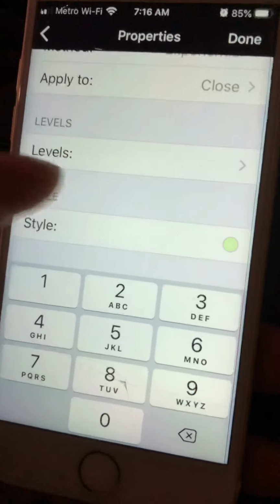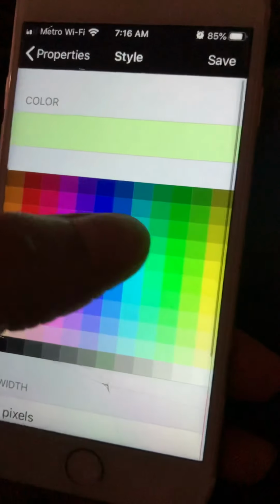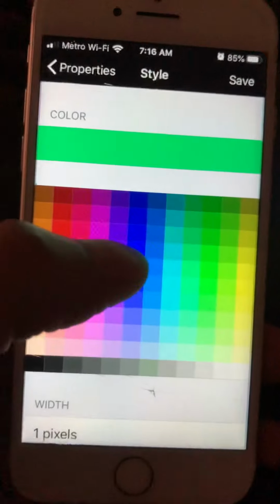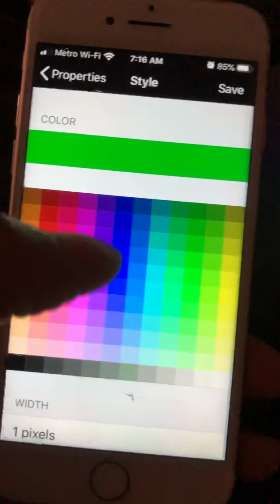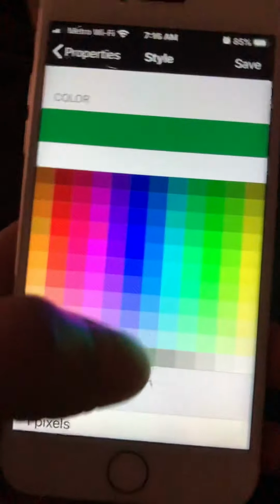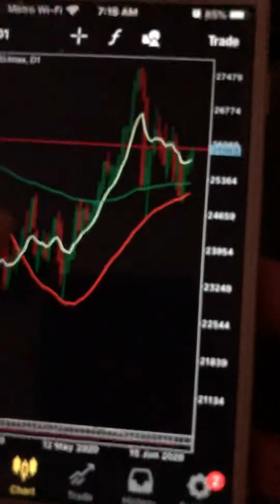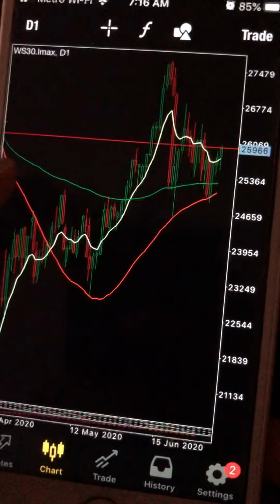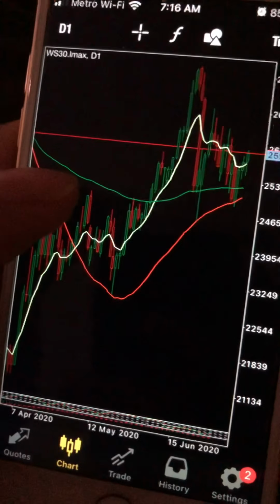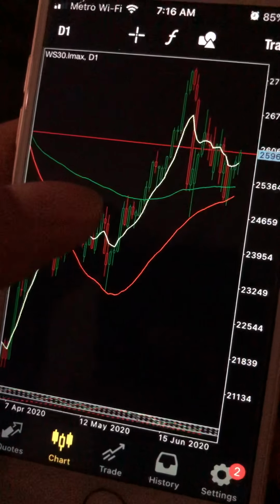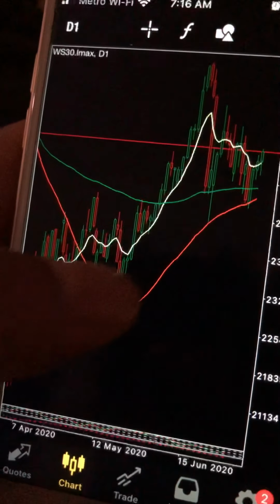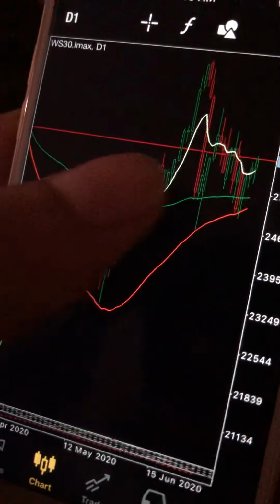I think it's easier to show you style. I changed this to, I forgot what color, some green. Save. Done. Now I have the 100 moving average, and this shows the trend of the last 100 candles that was moving. Red shows the 50, white shows the 8.